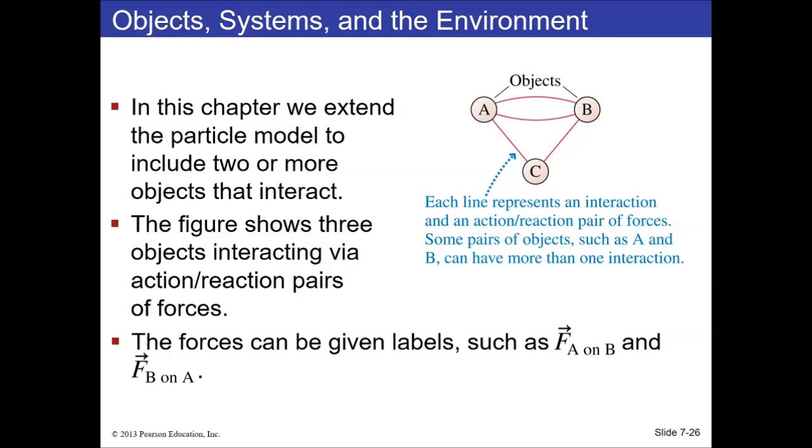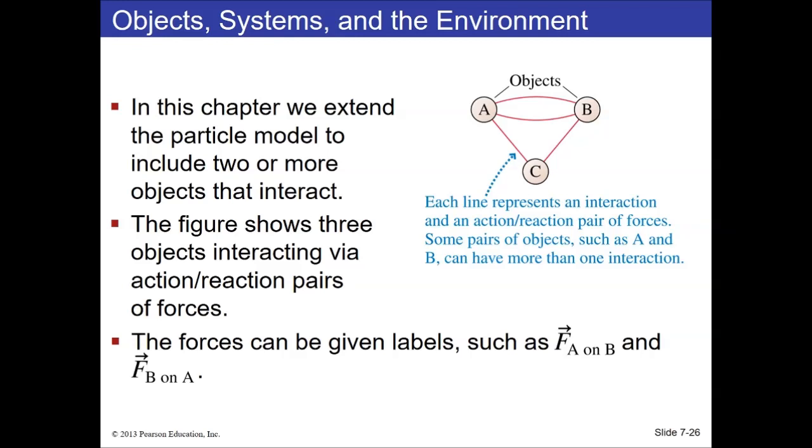So in this example here, we have two objects, object A and object B. That means we would have a free body diagram for A and a free body diagram for B. C is going to represent our environment here.